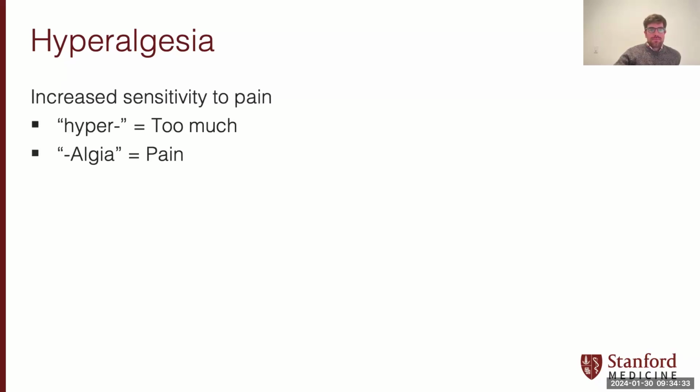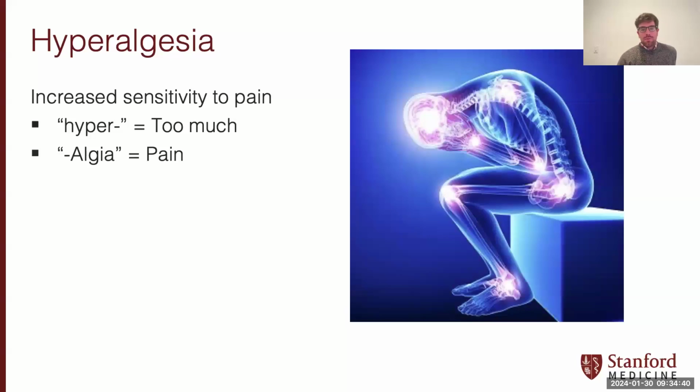That's exactly right. Hyper is too much, and algia is pain. So hyperalgesia is increased sensitivity to pain. This is an inappropriately extreme response to pain, out of proportion to what we can find physiologically. Probably the best example is fibromyalgia, where people have really extreme sensitivity to pain and touch, often particularly on their shoulders and back, without a clear physiologic correlate in the muscles or bones or anything like that.